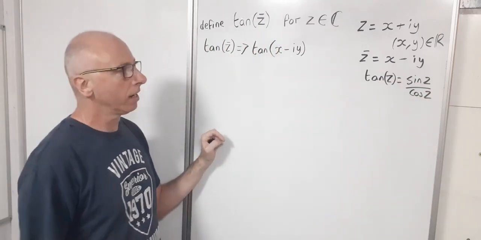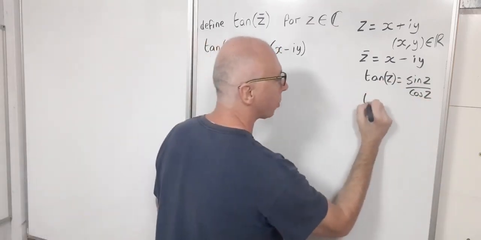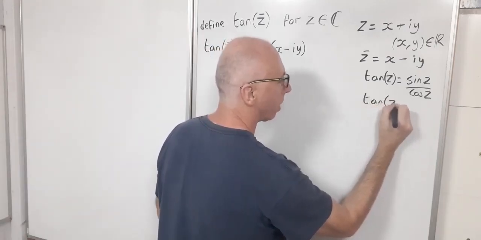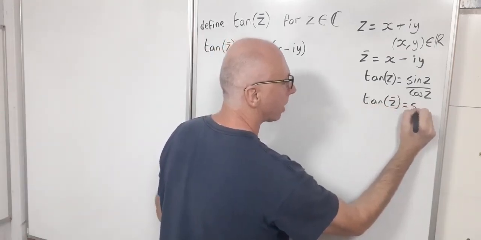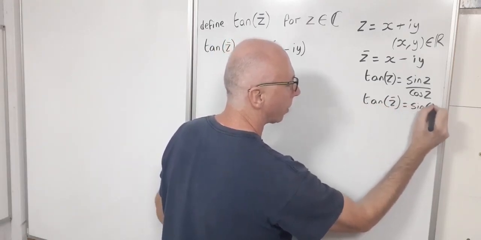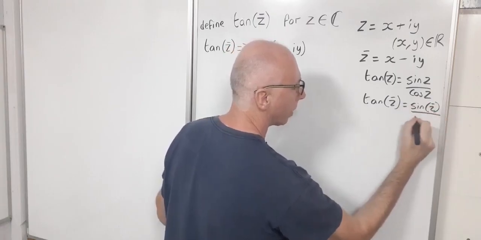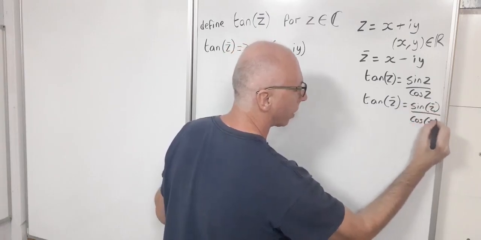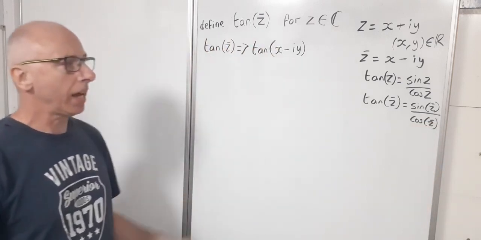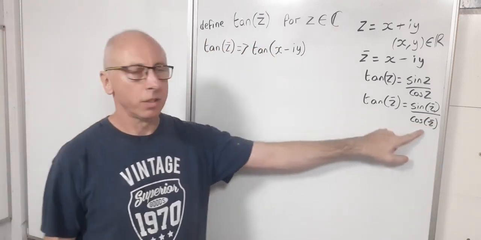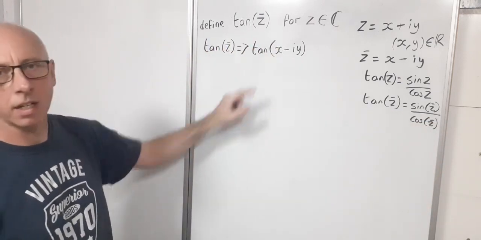Nothing crazy there. But in complex analysis with the conjugate, tangent of conjugate z is the sine of the conjugate of z over the cosine of the conjugate of z. And that's where we're going to go to try and define this in this video.